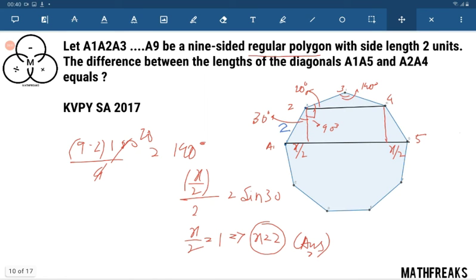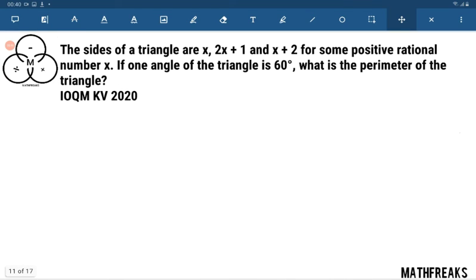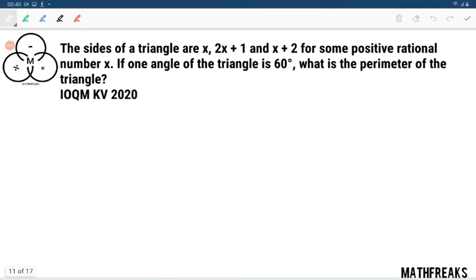Now we are going for an easy one only. I would not say that this is tough, but this question was asked in IOQM 2020. The sides of a triangle are x, 2x plus 1 and x plus 2 for some positive rational number x.